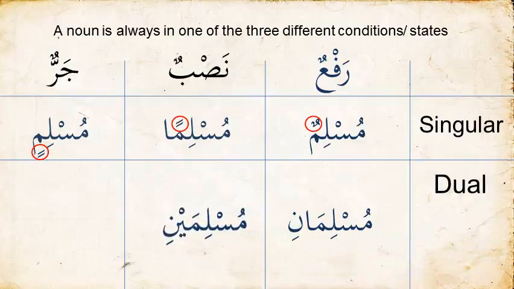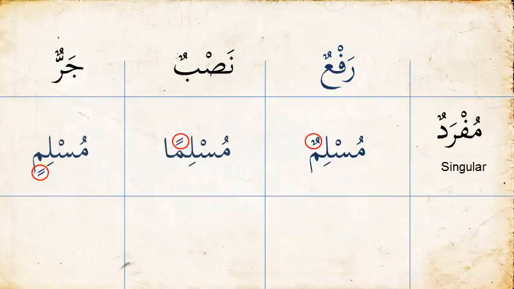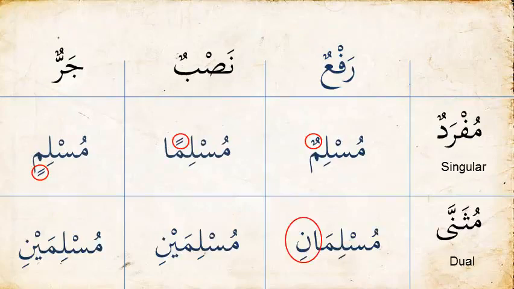If the word is an aini dual, we would say the word is in nasbun, and we would also say the word is in jarrun, because aini is a sign of both nasb and jar. Both nasb and jar are aini. So when it comes to a muthanna word, we look at the ending combination, and if the whole combination is ani, then we know it is in raf'un.